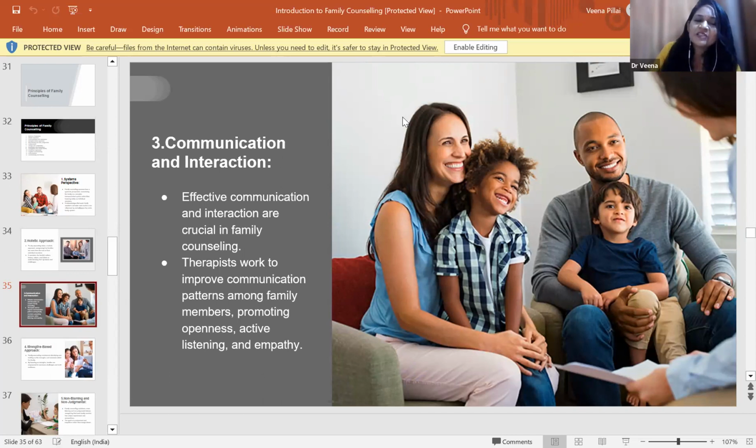So in family counseling, the therapist would work to improve that openness, or help the other family members to have empathy and at least listen to what the other member is saying. So this helps them to have active listening and empathy, and also to promote openness.